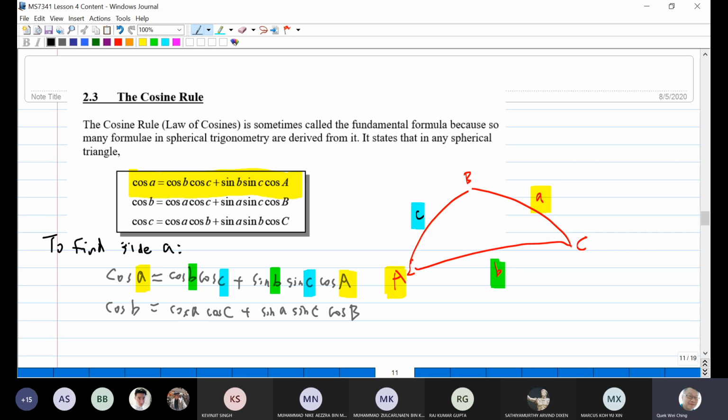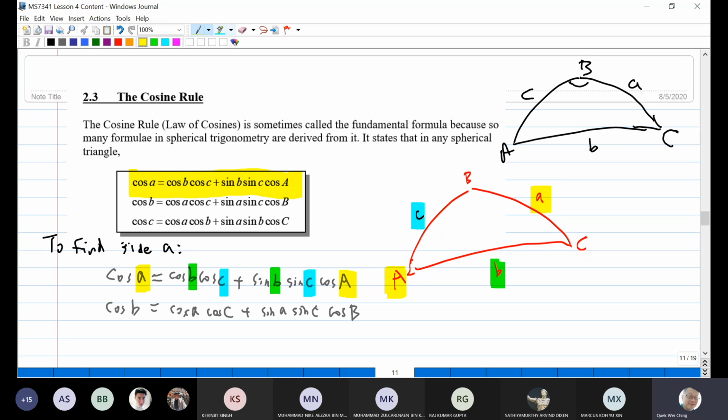What if you want to find side B? You can draw another triangle here so that you can see the difference.